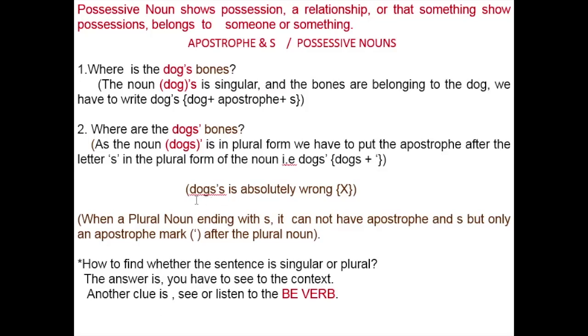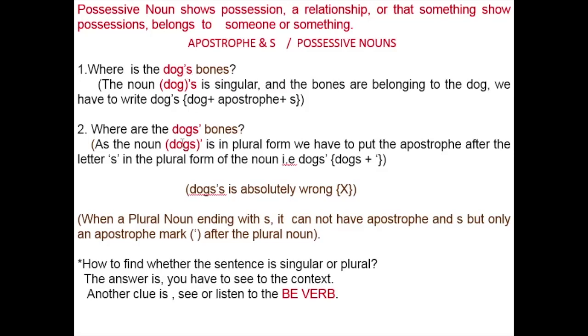Dogs apostrophe S is absolutely wrong. We should not write like that. In the first sentence, dog is singular, and in the second sentence, dog is in plural form. So when it is singular, we have to add apostrophe and S to show the ownership.